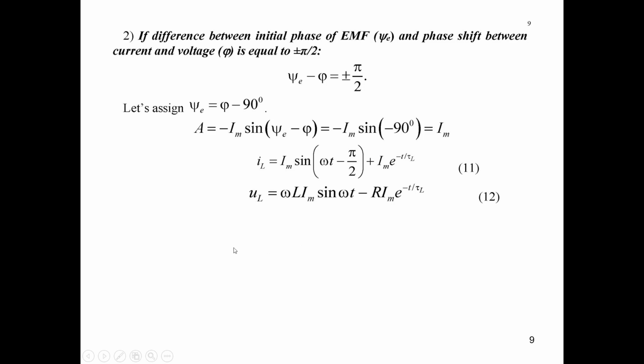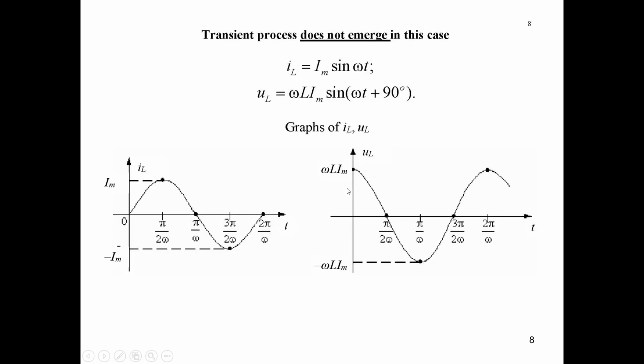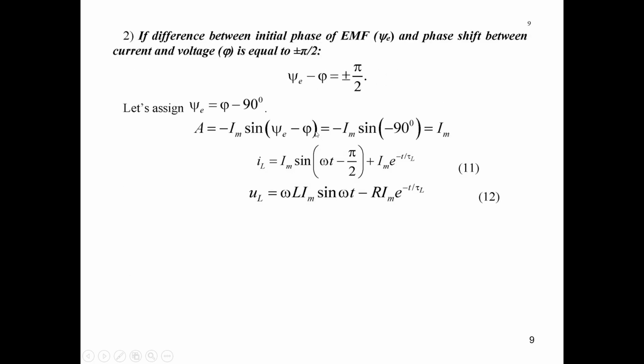So we can write down that IL equals I maximum sinus, where instead of this psi e minus phi we substitute minus 90 degrees. Here it will be the forced component, and natural component will be with sinus equal to 1. So we have such an expression for current and a corresponding equation for voltage drop.